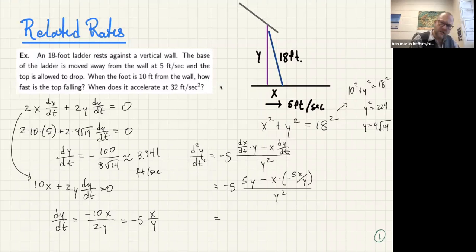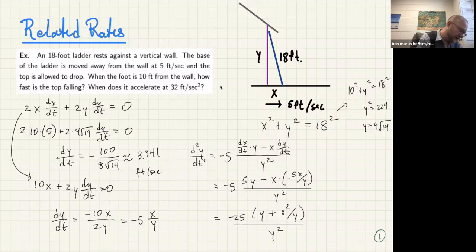Do you all see that there's a factor of 5 coming across the entire top there? So that we can say minus 25. And then we would have a y, let's see, minus a negative, and the x squared divided by y. All that divided by this y squared.